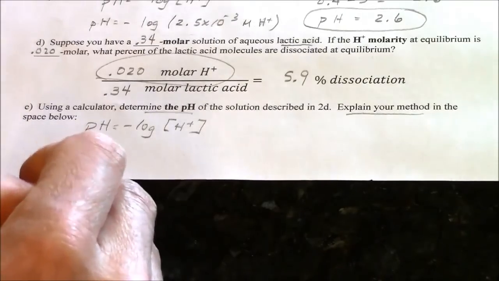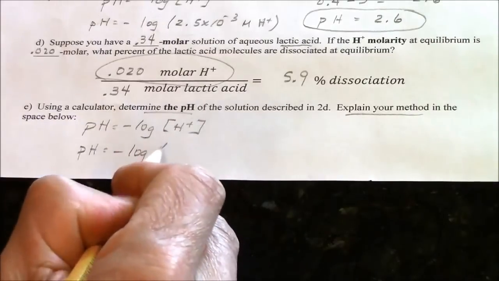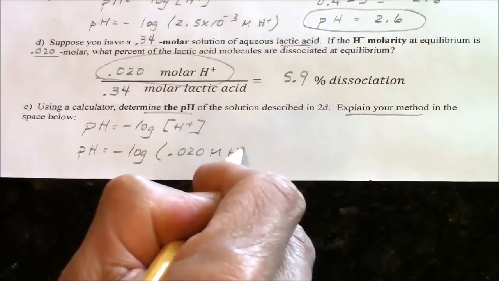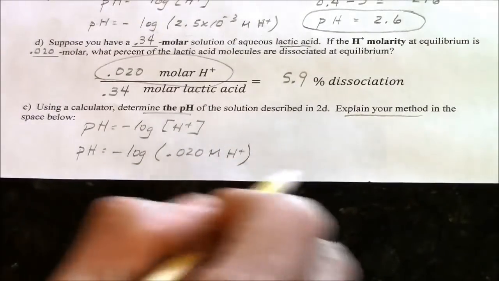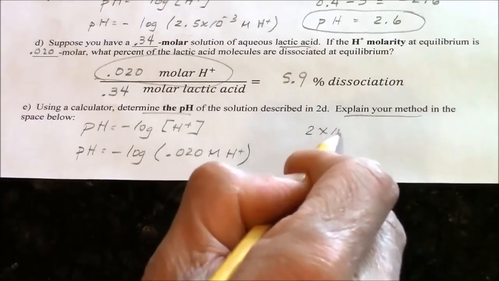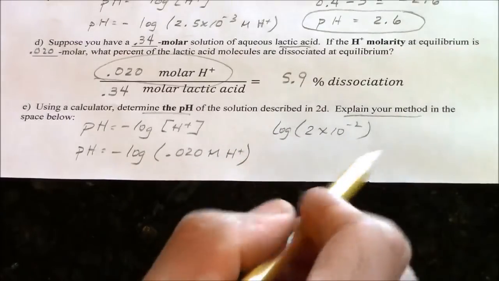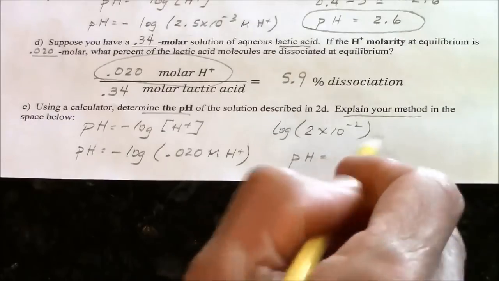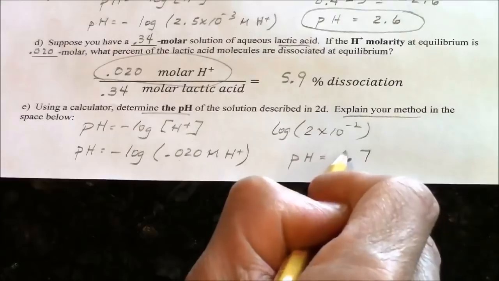So that should lead us to the pH quickly. 0.020 molar H+, might as well label it, takes very little time to do so. And in this case, 2 times 10 to the minus 2 is the molarity in scientific notation. The pH of this is 1.7.